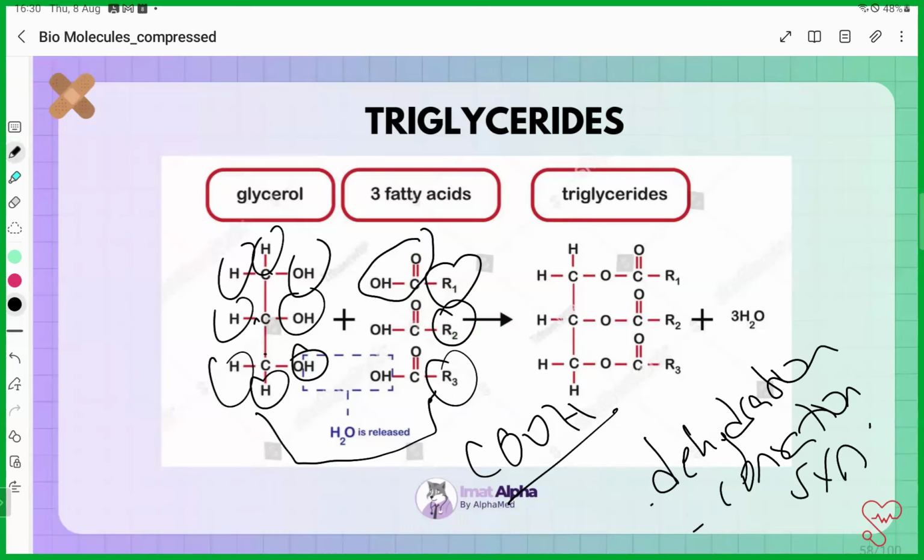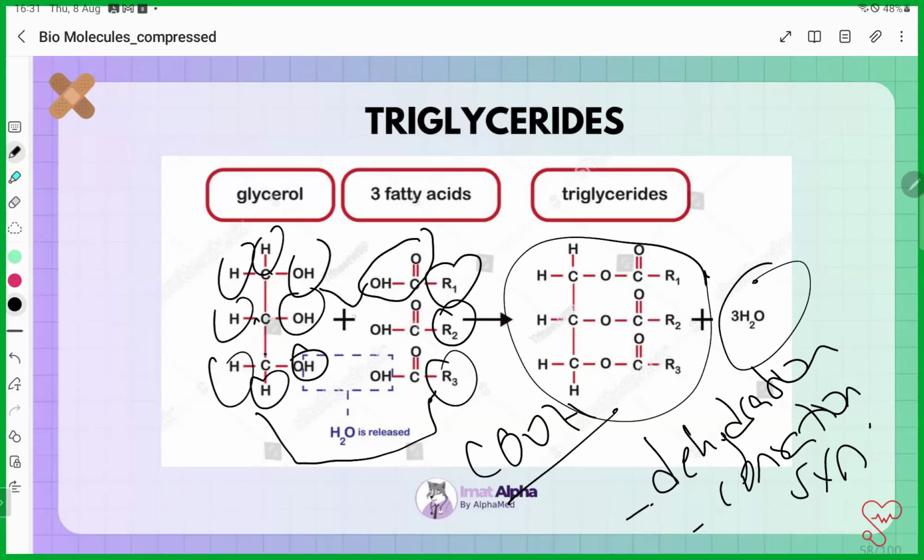Ending up with this structure, and because we are doing a dehydration reaction, it will lead to the loss of 3 water molecules. Why 3? Because this bonds with this, this bonds with this, this bonds with this. So here we have an H2O, H2O, H2O, ending up with the triglyceride.